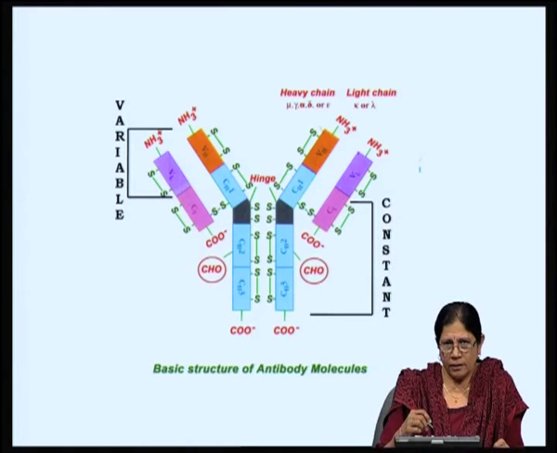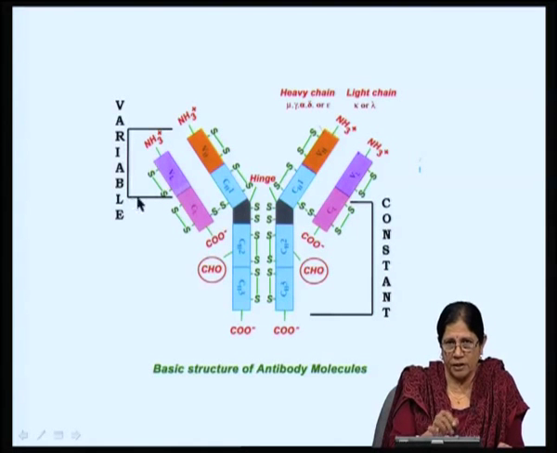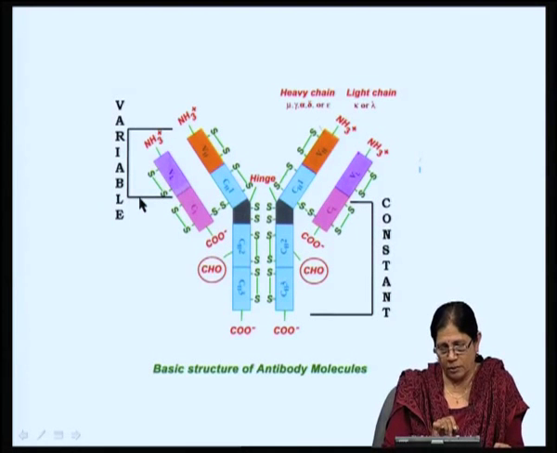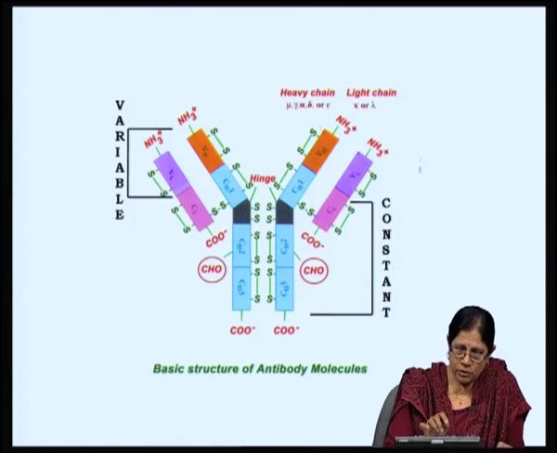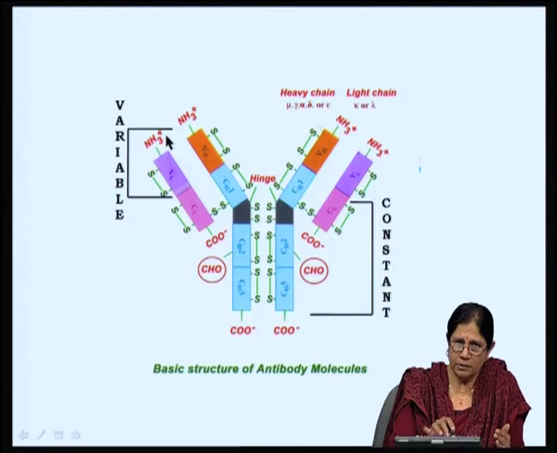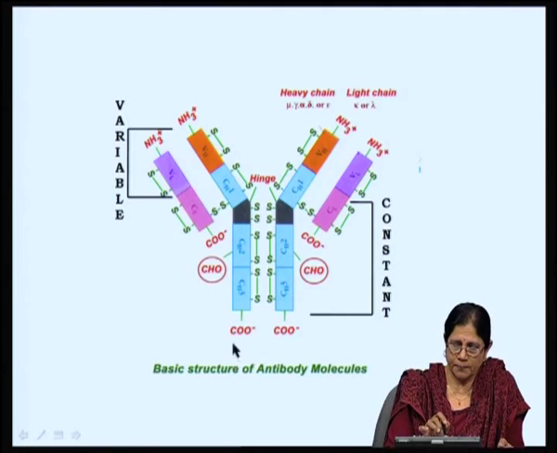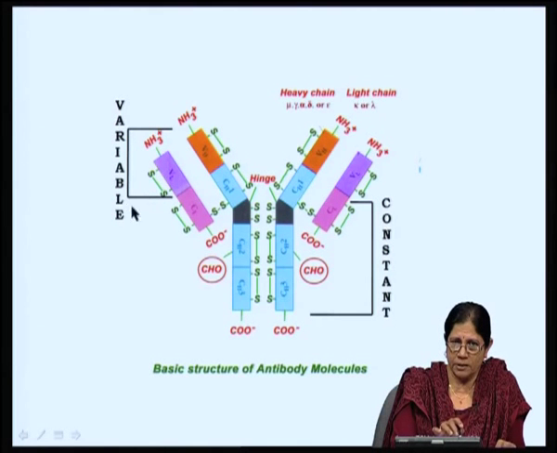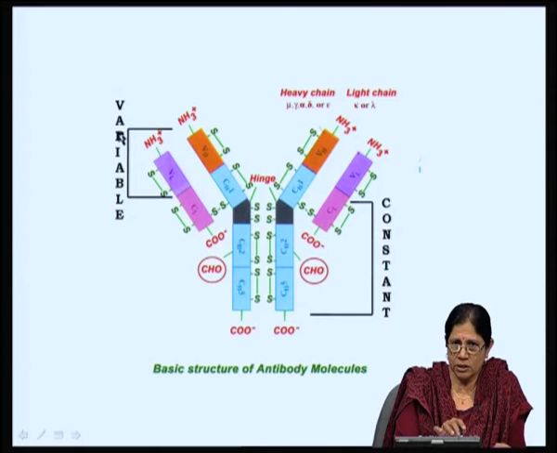I would like to once more introduce to you constant versus variable regions on immunoglobulin. The same thing is seen as antigen receptor as well as antibodies. You have the variable region which has been chalked out here. This variable region is formed by the recombination that we discussed in the last class, VDJ recombination as happens in the heavy chain and VJ recombination that happens in the light chain.